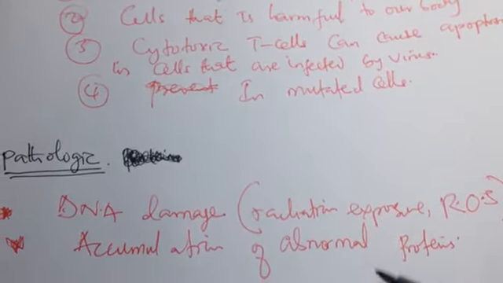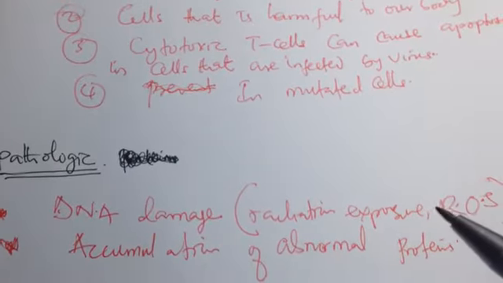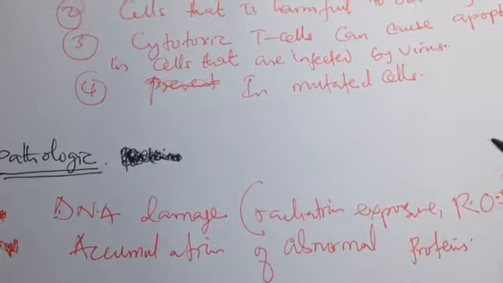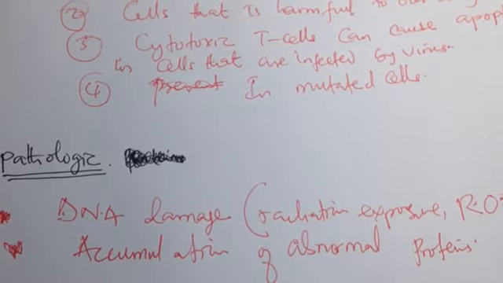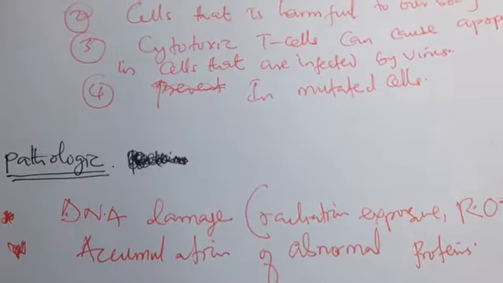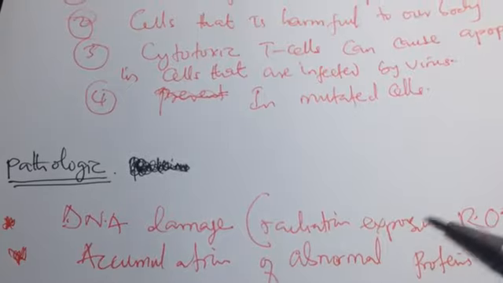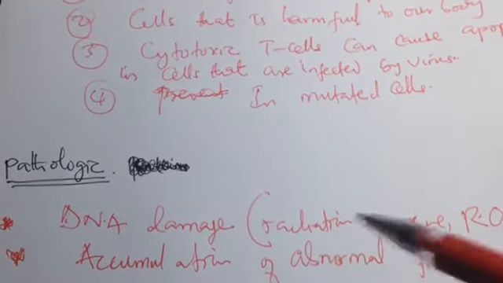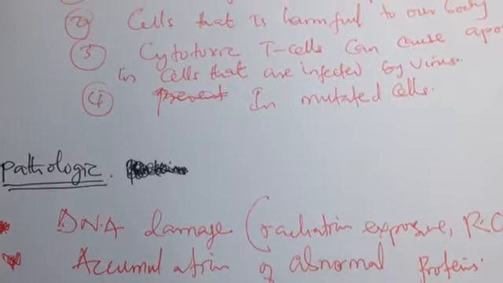That misfolded protein will trigger elimination. When the cell can no longer eliminate the abnormal proteins, and the abnormal protein accumulates inside that particular cell, this is pathology, right? So definitely this will trigger apoptosis. The cell will actually kill itself. So that is it. These are the causes of apoptosis.